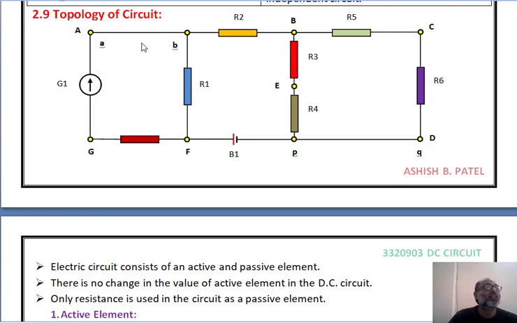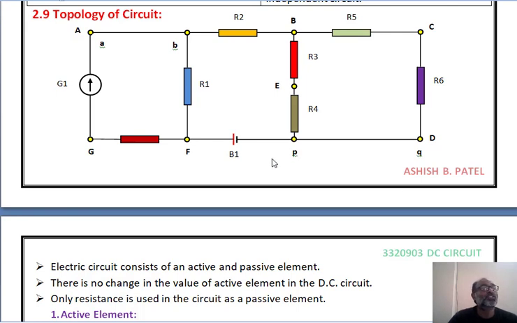That means node A is considered for points A and B. Similarly, node D is a common node for the points P and Q.